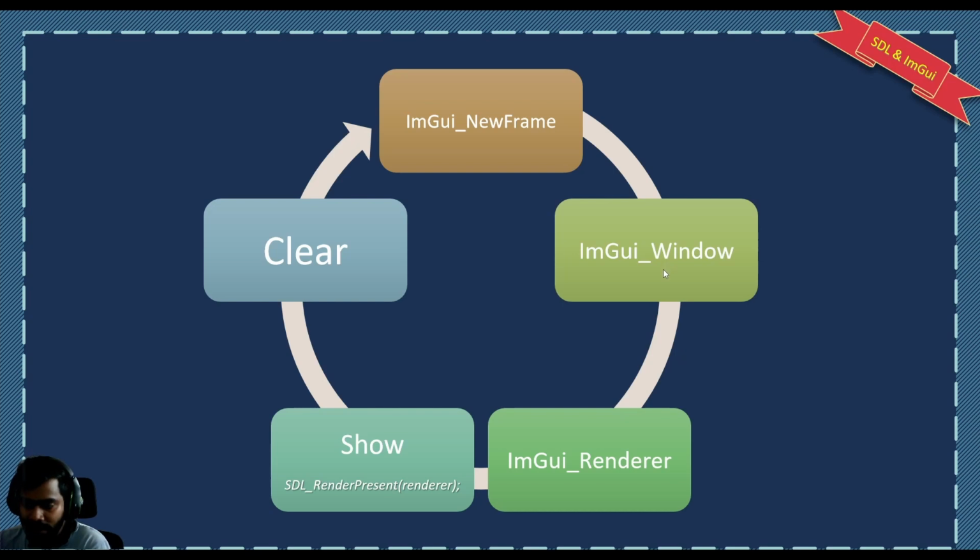After that we send it to the imGui renderer, and we show the render by using SDL, because imGui itself is not a renderer, right? So we are sending that imGui render information to the renderer. The SDL render present function will show the current render. After that, we clear everything, and in the next loop we create a new frame.